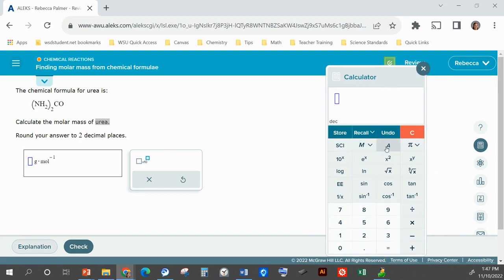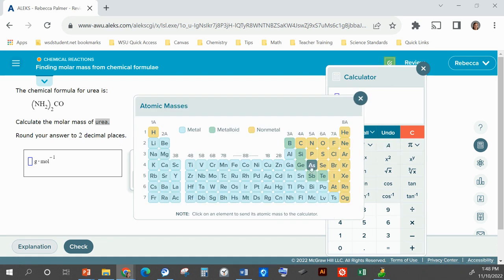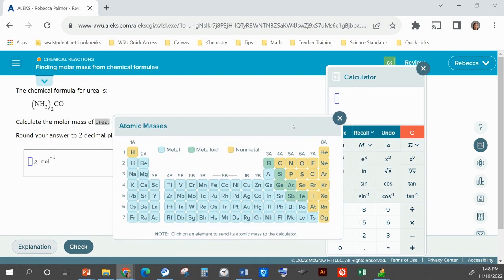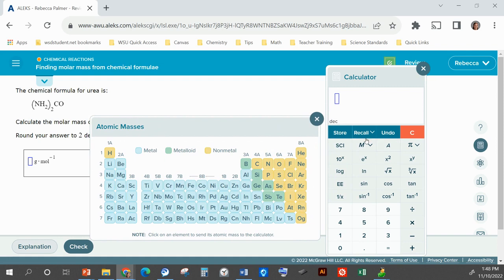I click on this A, and then I can type it into my calculator. How many nitrogens in this compound? 2. So I go 2 times nitrogen, plus 4 times hydrogen, plus 1 carbon, plus oxygen. Enter. This is the molar mass, the formula weight for urea.